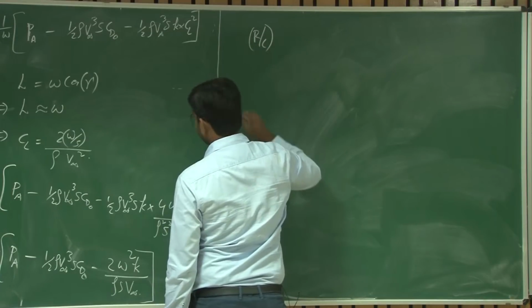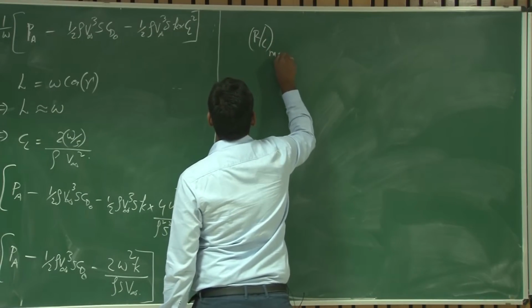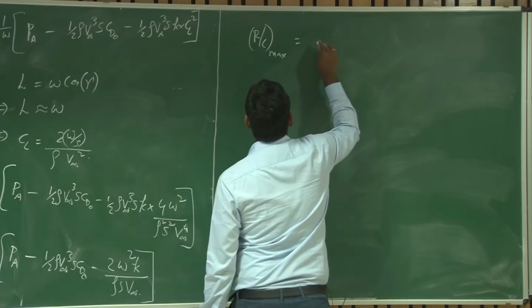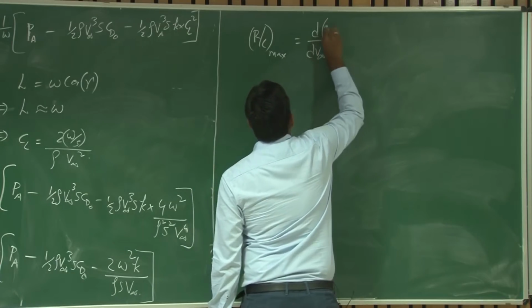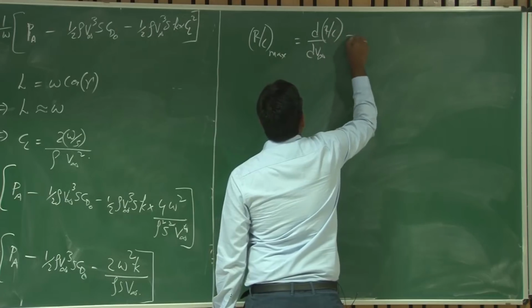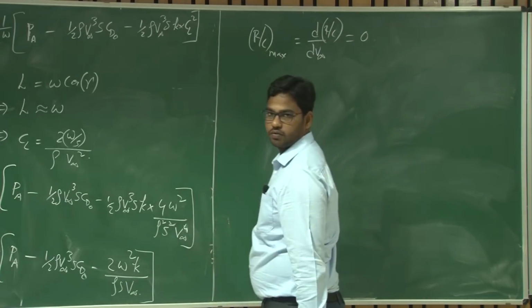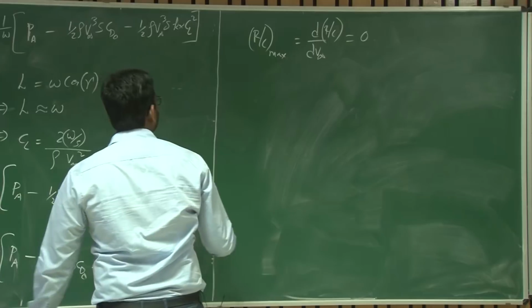If I need the maximum rate of climb, for this rate of climb max, I differentiate this rate of climb with V infinity and equate it to 0 for rate of climb maximum, right.